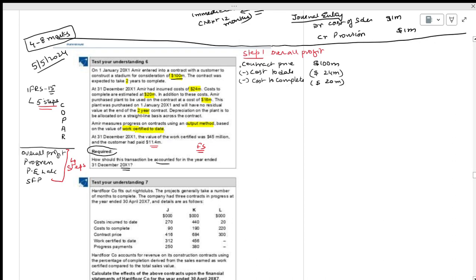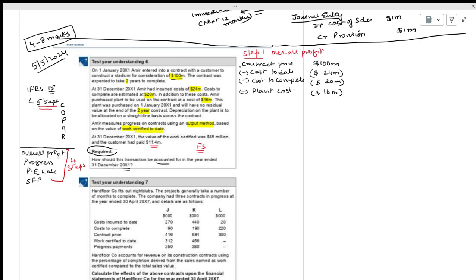Any doubt? You just stop me. Next, they have purchased plant also. It's dedicated to this contract only. How much is there? 16 million. This is the only cost. Simple, very simple, it's not difficult.